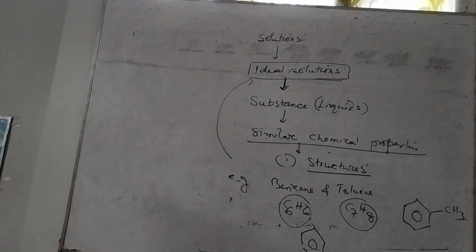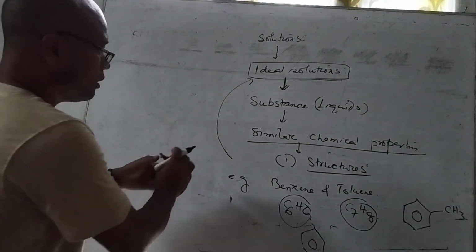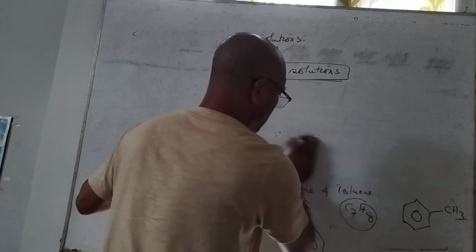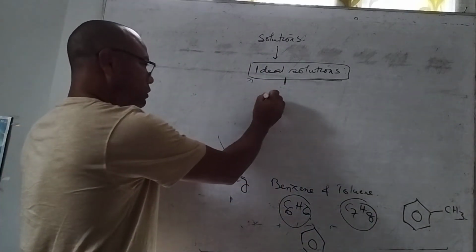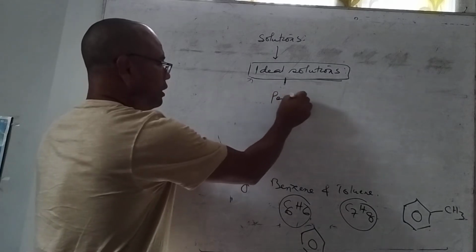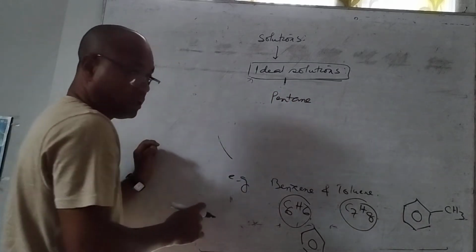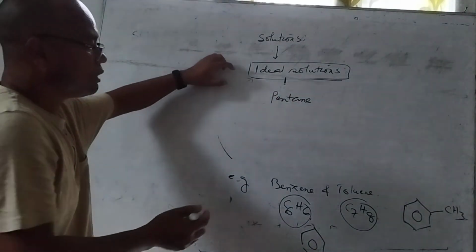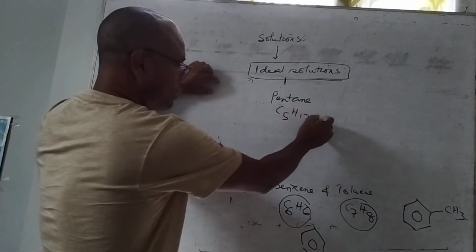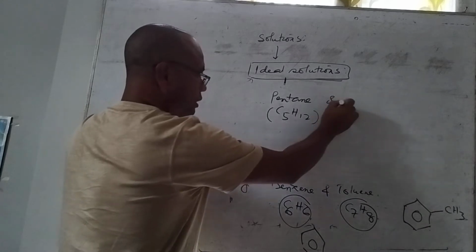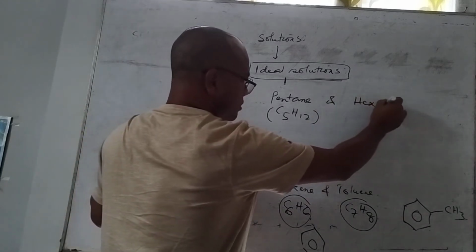Not only this. I write another one: pentane. Pentane is a hydrocarbon compound. What is the molecular formula? C5H12. And another one I took is hexane.